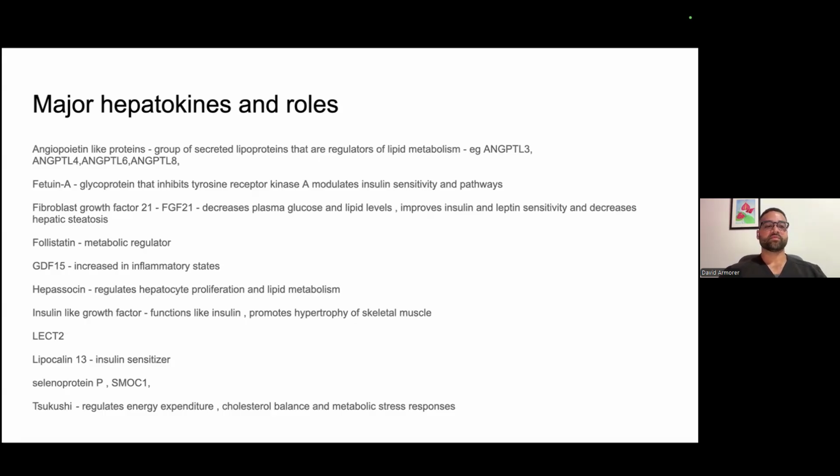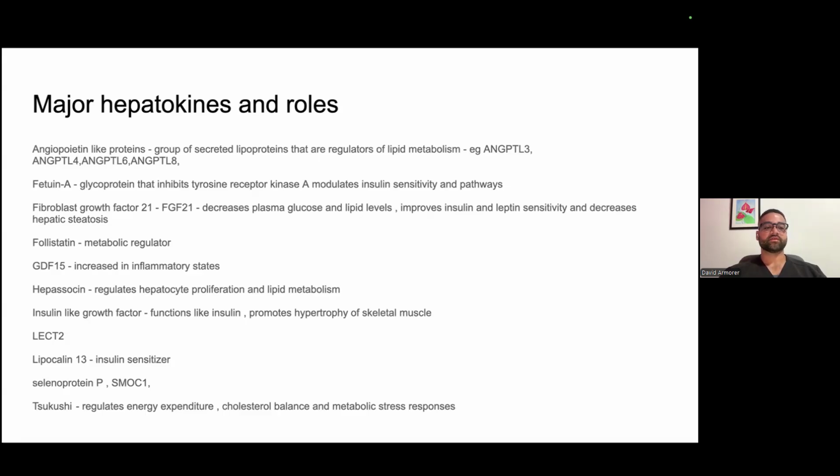Then you have fibroblast growth factor 21, which would decrease plasma glucose and lipid levels, increase insulin and leptin sensitivity, and decrease hepatic steatosis. Then you have follistatin, which is a metabolic regulator. You have GDF15, which would be increased in inflammatory states. You have hepasocin, which would regulate hepatocyte proliferation and metabolism.